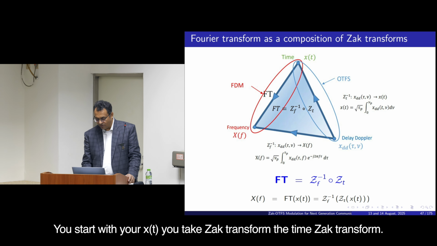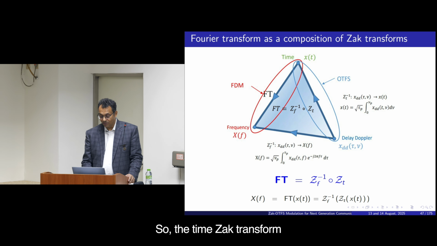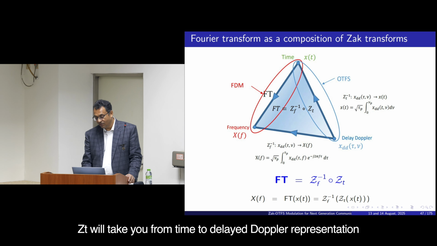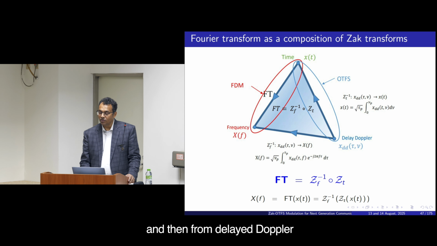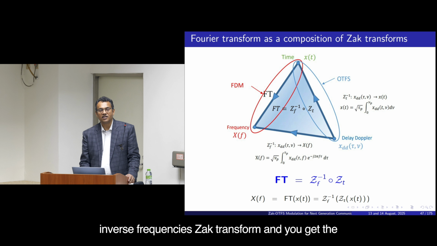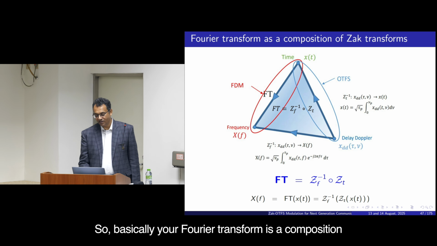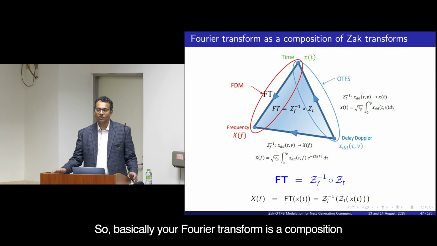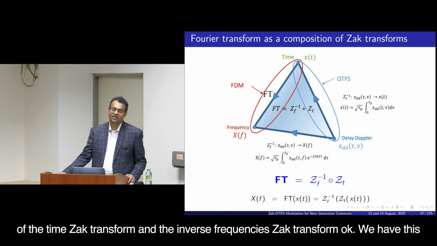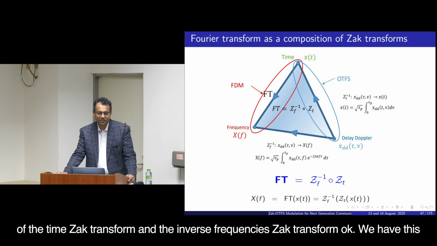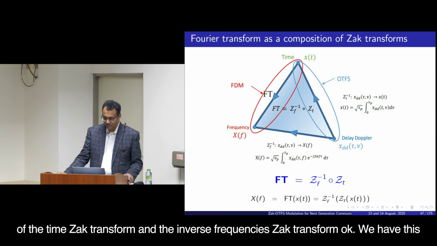So, you start with your x(t), you take the time Zak transform, which takes you from time to delay-Doppler representation, and then from delay-Doppler you can go to the frequency by using the inverse frequency Zak transform, and you get the frequency domain representation, right. So, basically your Fourier transform is a composition of the time Zak transform and the inverse frequency Zak transform. Okay. We have this triangle.